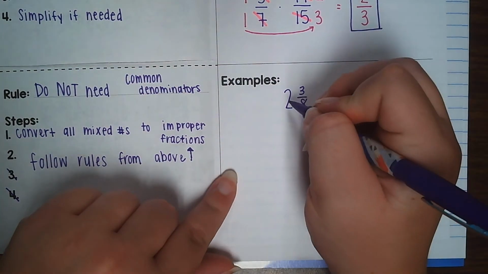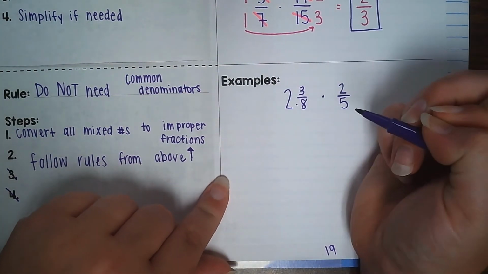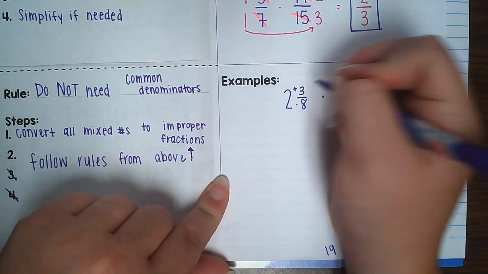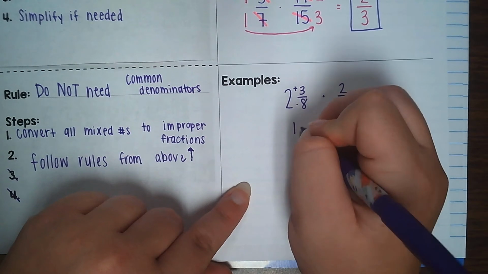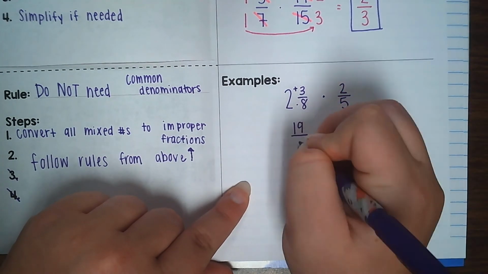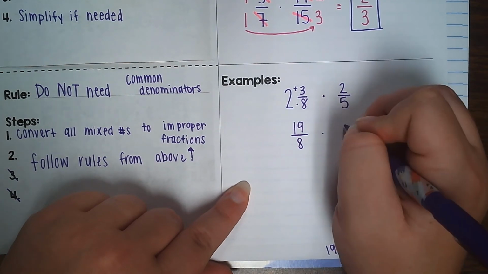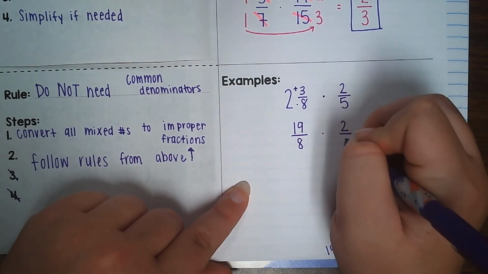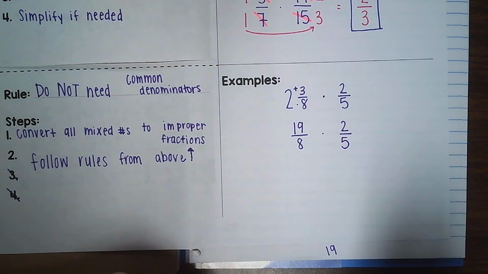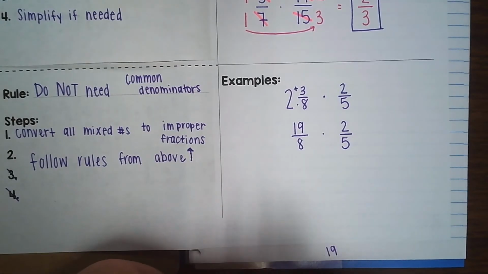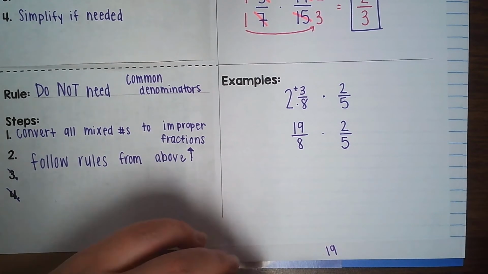So we multiply 2 times 8 to get 16. 16 plus 3 gives me 19/8. Bring down our other fraction. Then we follow rules from above.